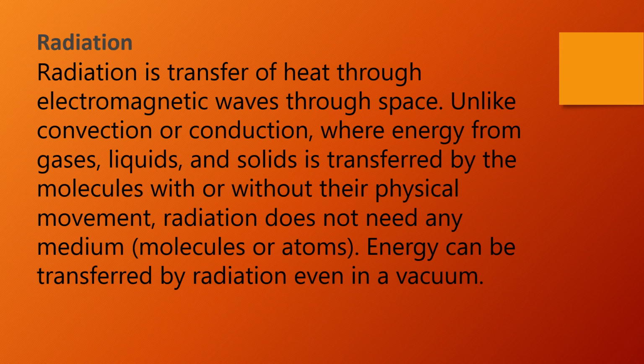And this is the last way in which we will study how heat is transferred when there is no medium. In conduction there is a solid medium, and in convection there is a liquid or gaseous medium, but in radiation there is no medium at all. The sun's heat reaches the earth by radiation.